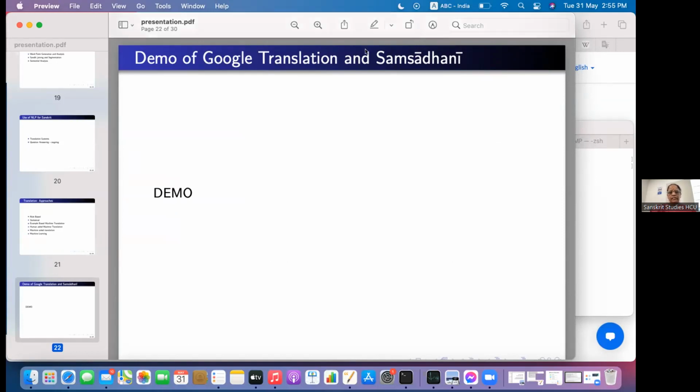Samsadhani at University of Hyderabad, we are using the Paninian grammar and the Indian traditional knowledge systems to develop this machine translation system, whereas Google is using the machine learning approach. So let me show you the demonstration.